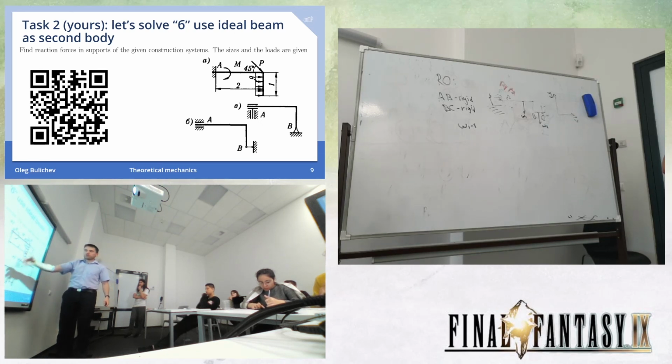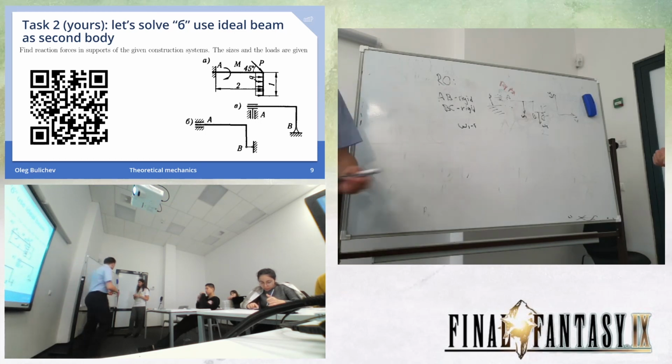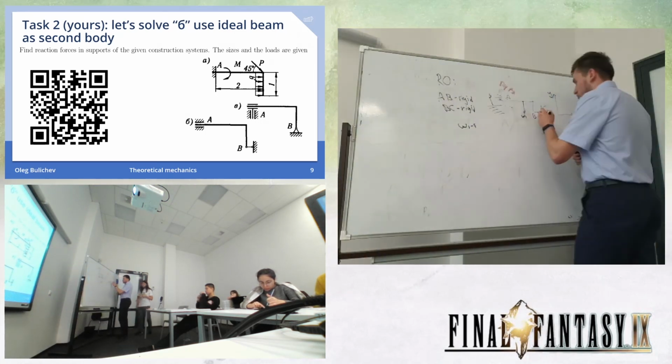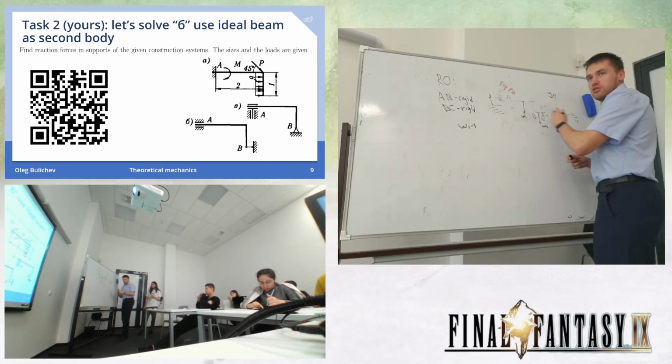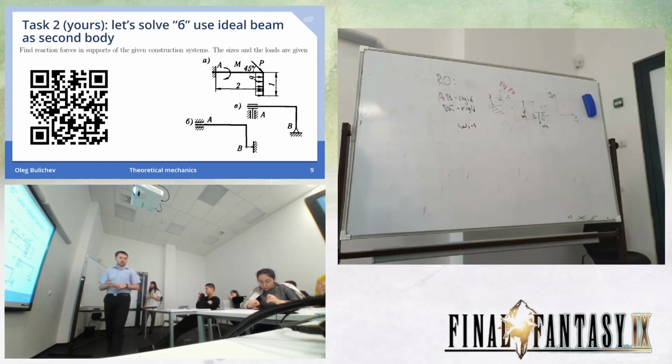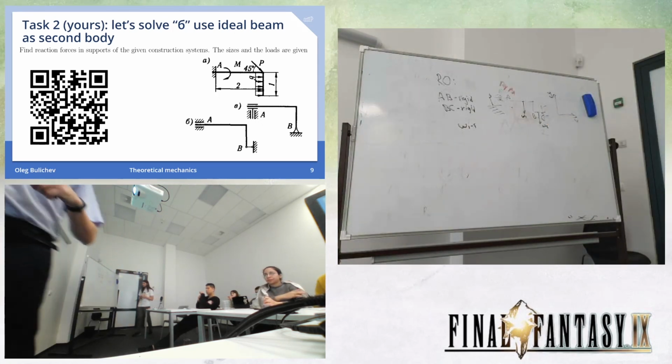We're just trying to solve the previous task using that. For instance, if you don't know what an ideal beam is, you can assume it's some kind of joint where you need to put just one reaction, let's say. In this case, you need to try to solve it in, let's say, the classical way. Okay, I see.